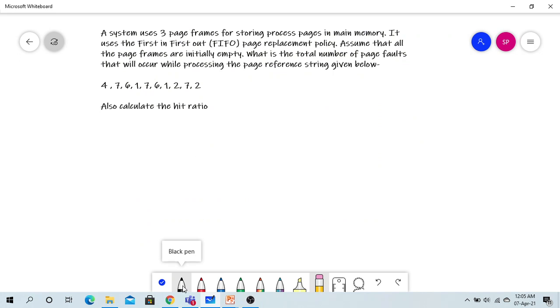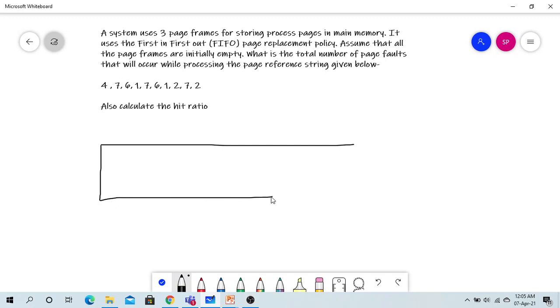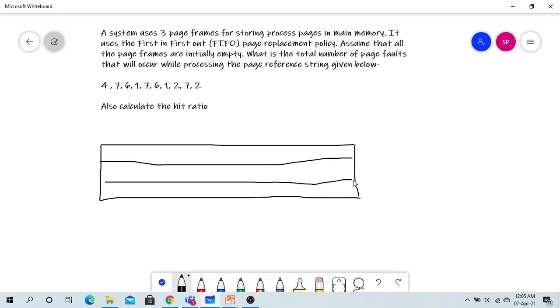So above is the given problem. We have the reference string which is given. We will draw the main memory and then divide this main memory into 3 parts, as they have mentioned that the system is using 3 page frames.